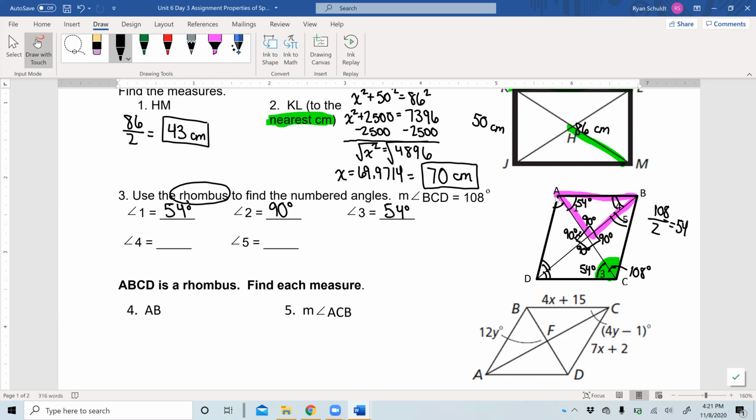I know 2 angles, so I just add them up. 90 plus 54 gets you 144. Subtract it from 180. So 36. So 4 has to be 36 degrees, which means 5 has to be 36 degrees.